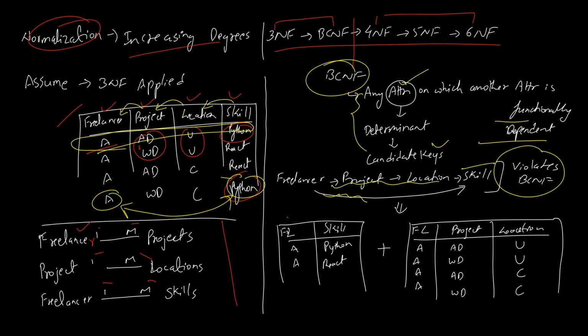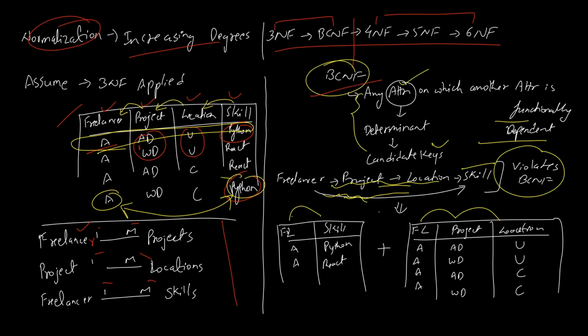Alright, so we'll just split into two tables between these relations: freelancer and skill, and freelancer, project, and location. As simple as that. When you're talking about splitting, the relation will matter, and you can just split as per the relation. That's all you need to do. And that's it for BCNF actually, right?